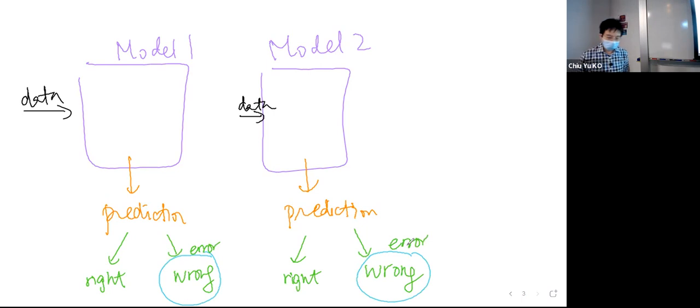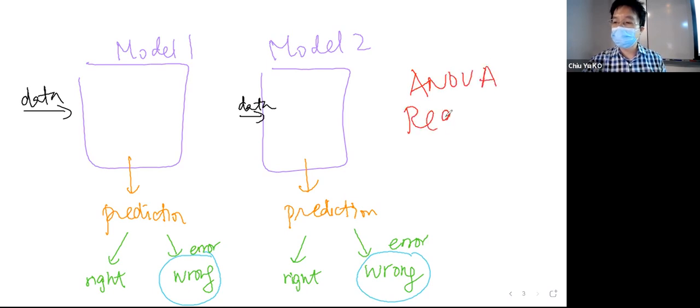If the variances are the same, then these two models are similar. If one model has a lower variance, then that model is better. And why do we care about this? This is what we are doing for the last two topics. When we talk about ANOVA or regression, we make a model.